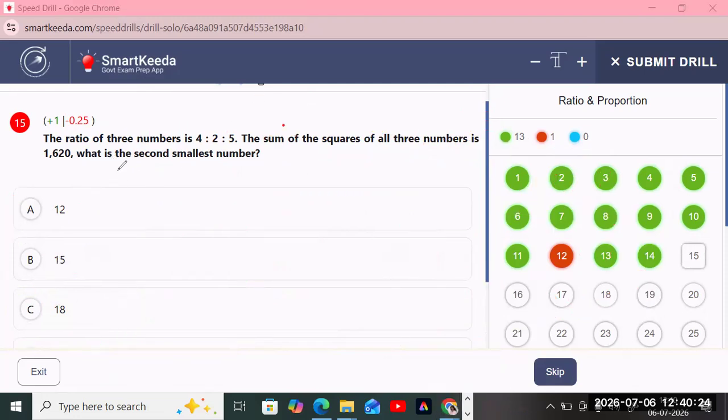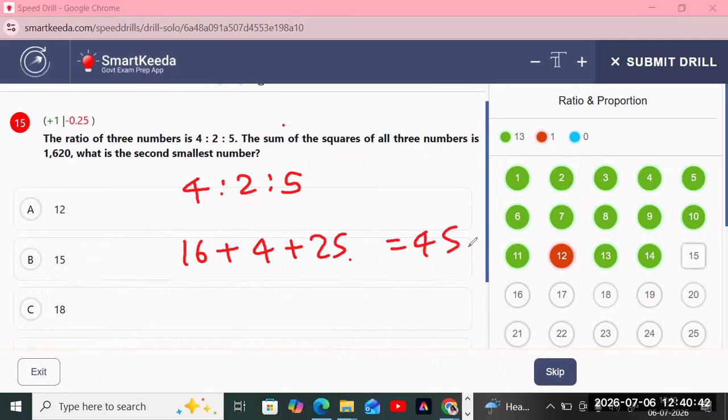The ratio of 3 numbers is 4 by 2 by 5. The sum of the squares of all 3 numbers is 16 plus 4 plus 25, that is 45. 45 parts is equal to 6000.